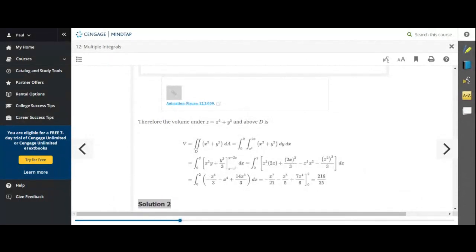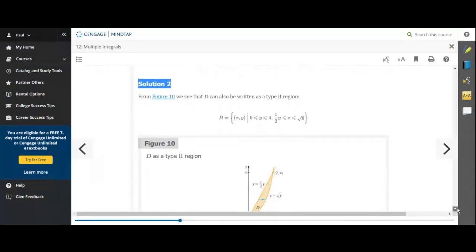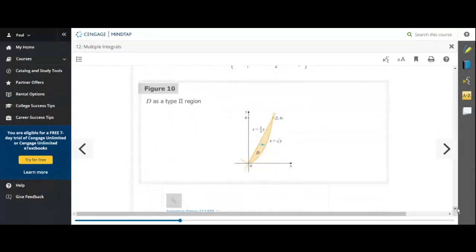On the other hand, you can treat the region as a type 2 region. Here you have the same region D, but the blue line segment in figure 10 goes from a function on the left to a function on the right.